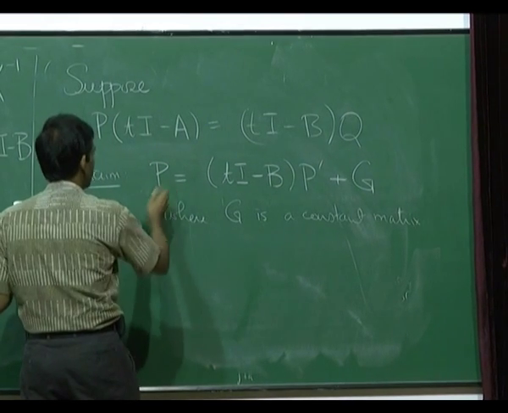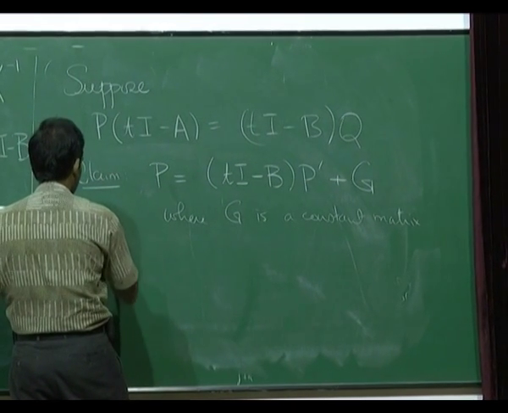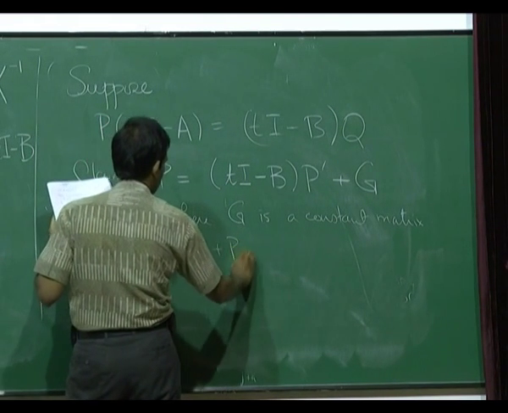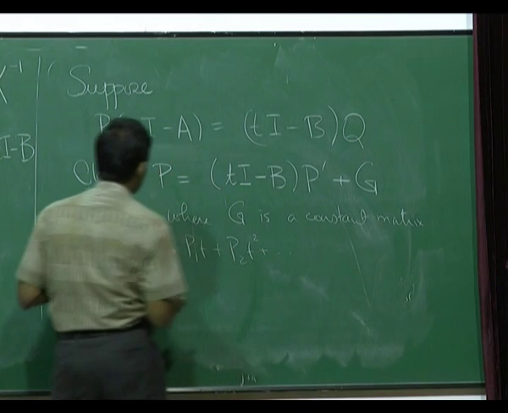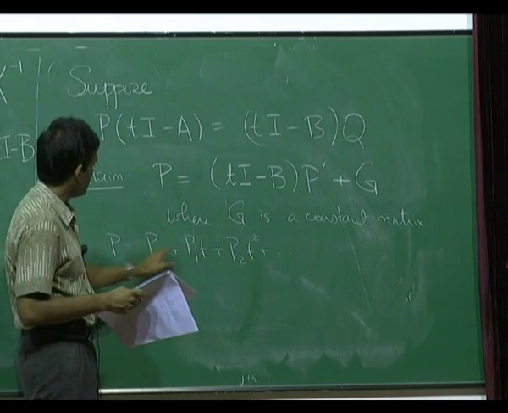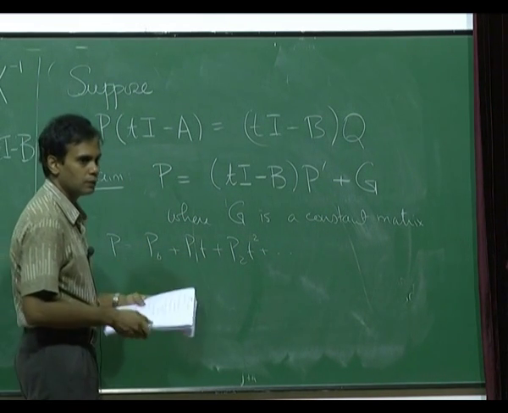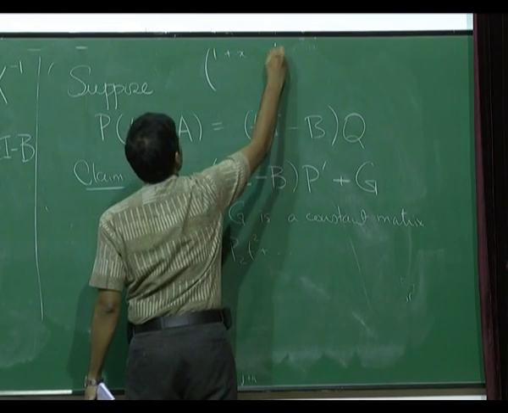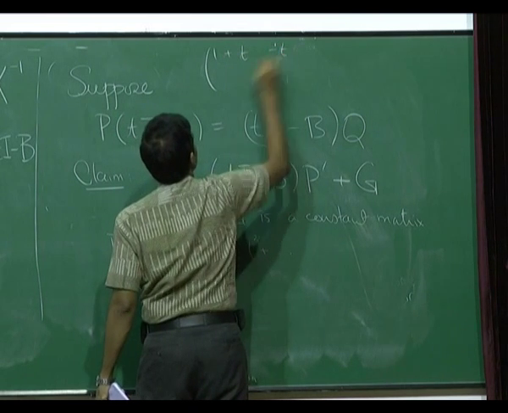What you do is, okay, so P is a polynomial, so you can write it as P0 plus P1 t plus P2 t squared. The only difference is that now this P0, P1 are matrices. Like my matrix I had written down, 1 plus t, t; minus t, 1 plus t.